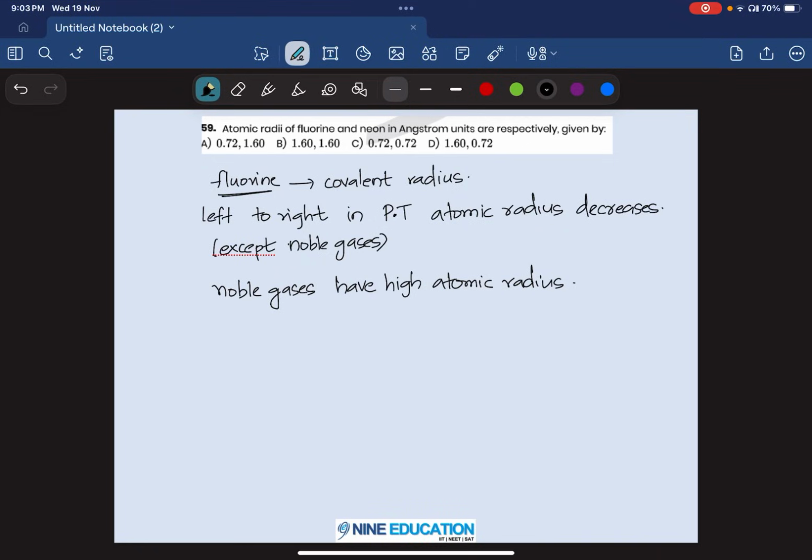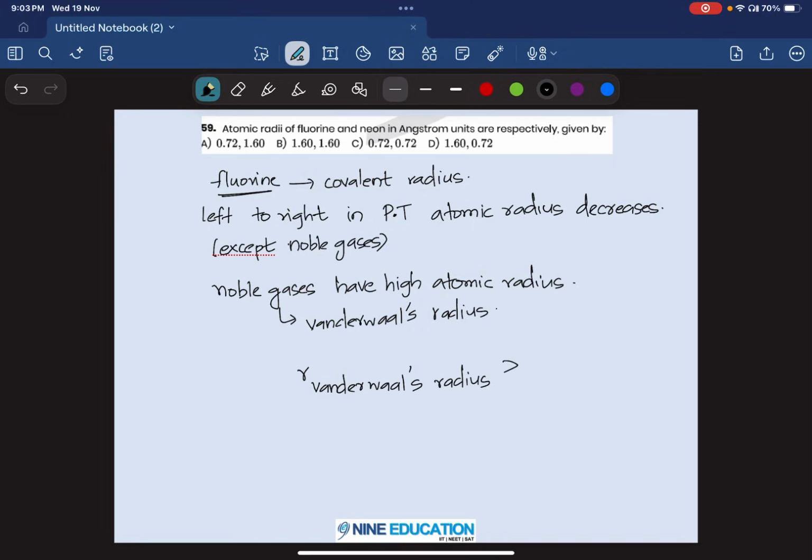Why are they having high atomic radius is the question. In case of noble gases, the type of atomic radius they calculate is the van der Waals radius. And from chemical bonding knowledge, we know that van der Waals radius is generally higher than the normal covalent radius.